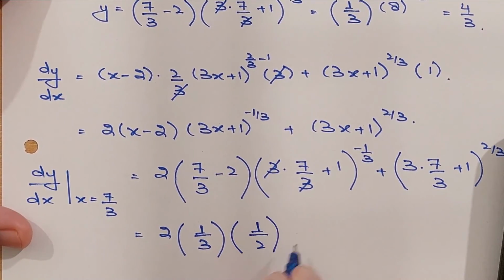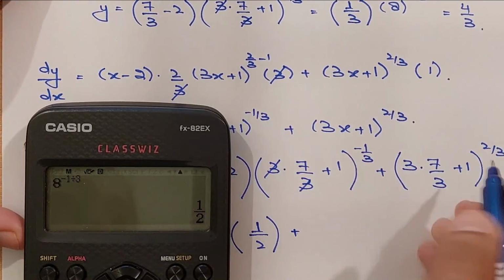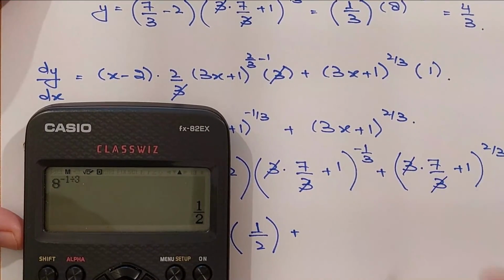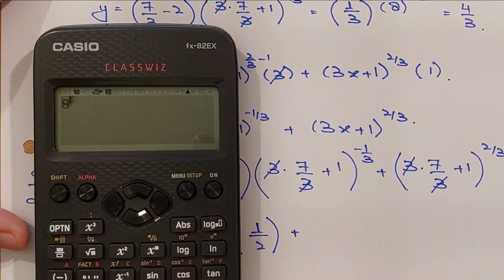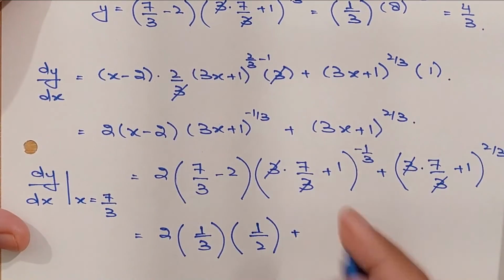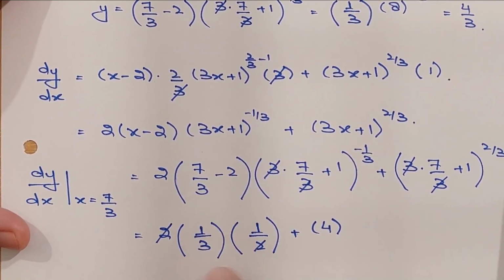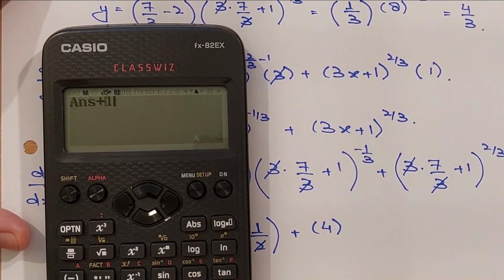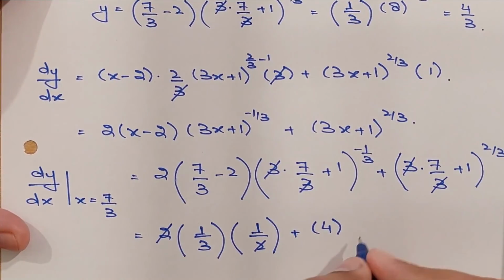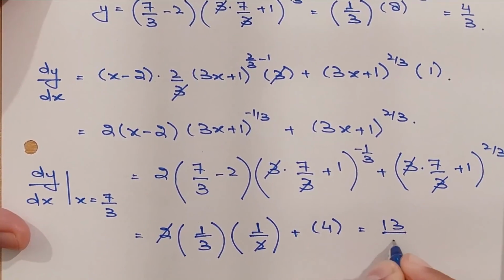Plus 8 to the power 2/3, which is 4. We cancel 2 with 2, so we have 1/3 plus 4, which is 13/3. 13/3 is the slope.